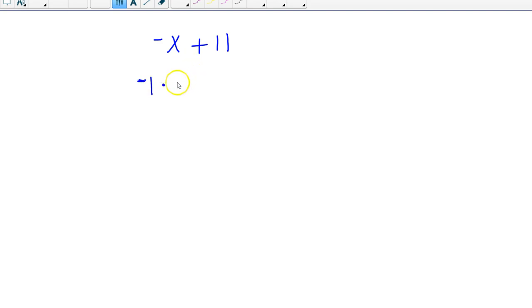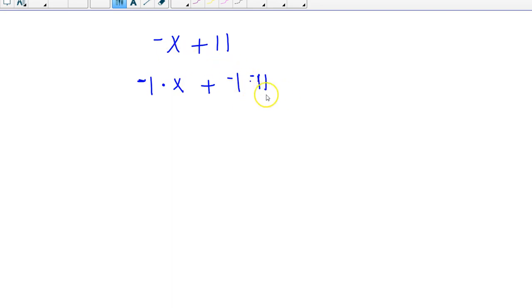This is one way of doing. There are different methods, but I think this is the easiest one. Negative 1 times x plus 11. This 11 I can write as negative 1 times negative 11. Agreed? 1 times negative 1 times x is negative x only.